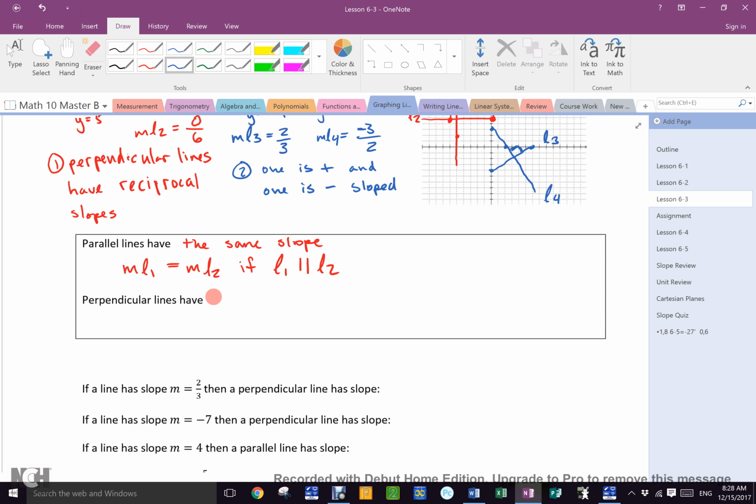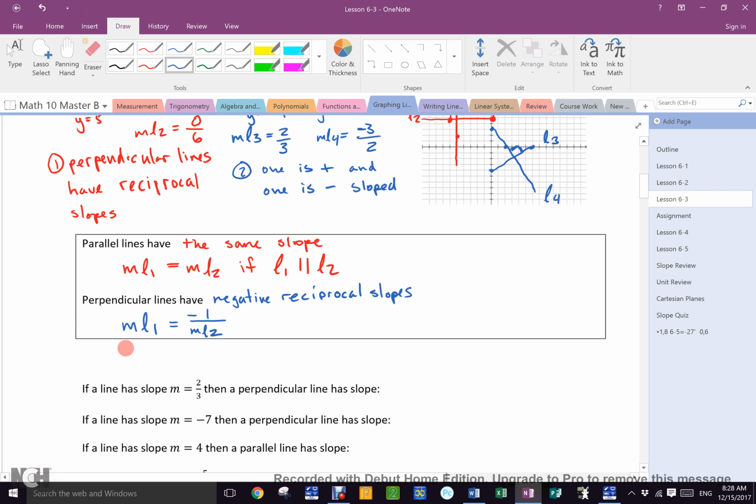Perpendicular lines have negative reciprocal slopes. So, the M of line 1 equals negative 1 over the M of line 2.